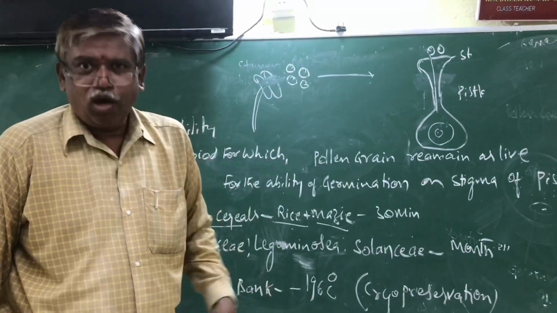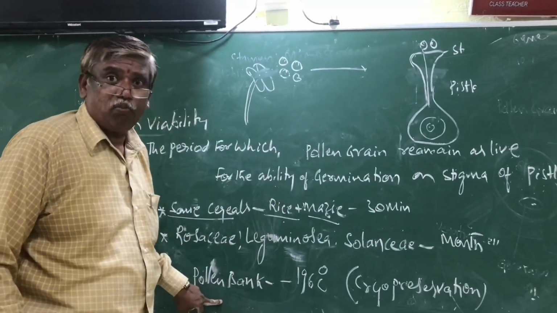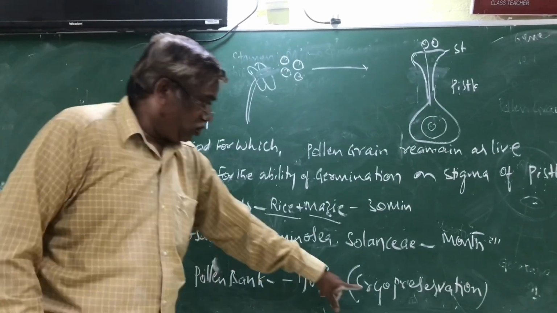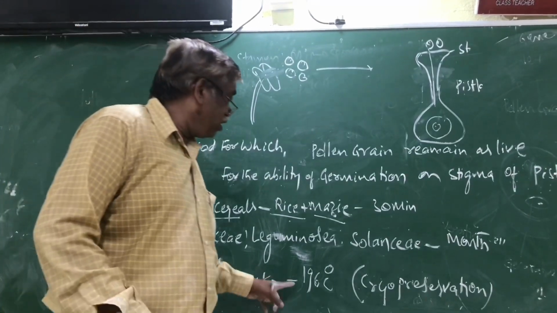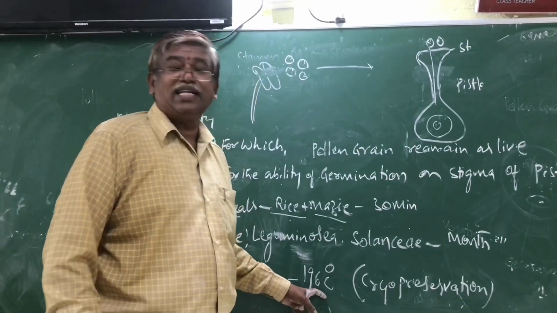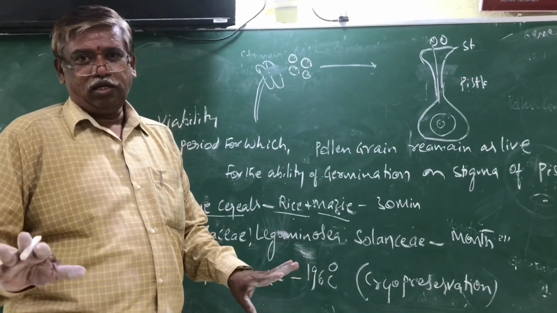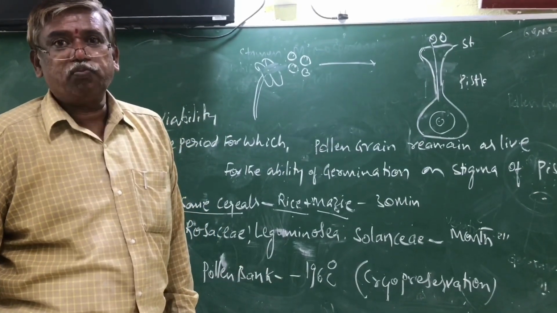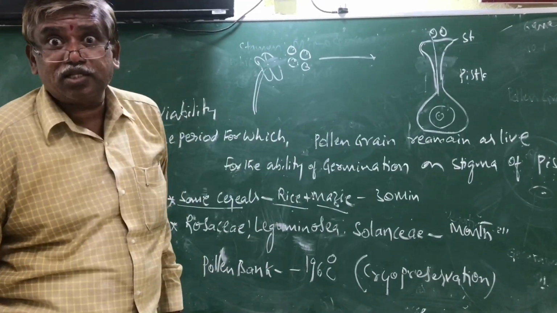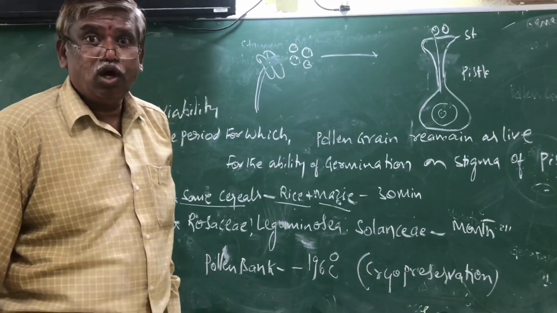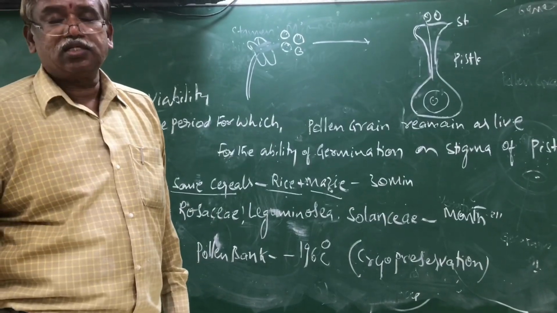It is a process. For what purpose? To preserve the pollen grain in the pollen bank. In this process, we use liquid nitrogen, which is at minus 196 degrees centigrade. Once again, where can we preserve the pollen grain? In the pollen bank. Which process is required? Cryopreservation. How much temperature? Minus 196 degrees centigrade.